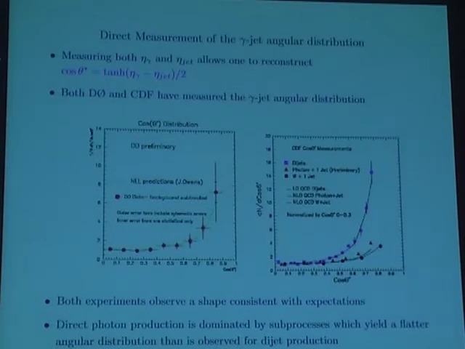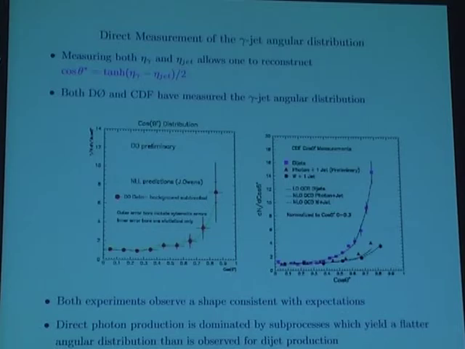Now, here's a comparison of data both from D0 and from CDF. And you'll notice that the results are in very nice agreement with the expectation from the theory, which is given in green here. On the right-hand plot, the CDF data show the angular distribution measured for dijets, that's in the purple, the photons in the red, and W plus 1 jet, and that's in black.